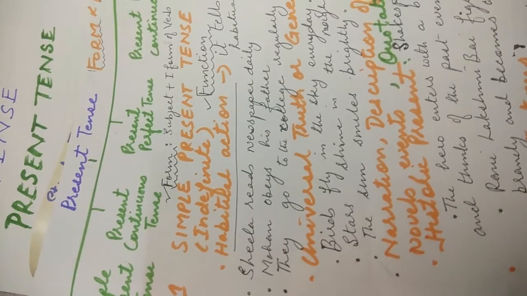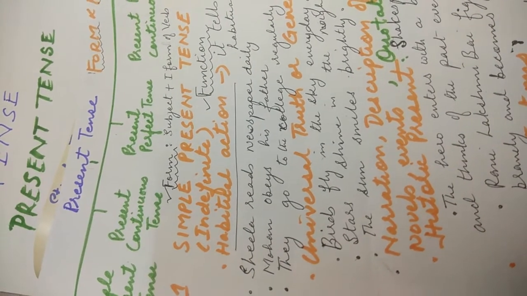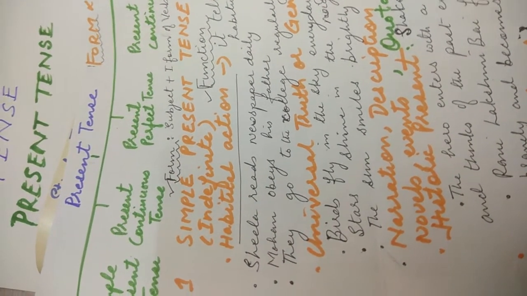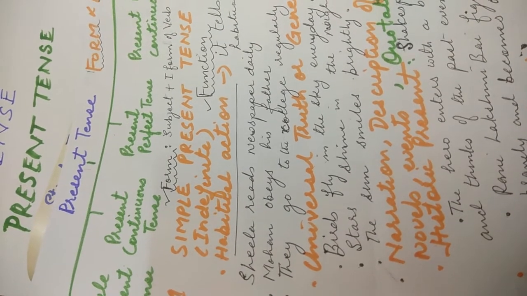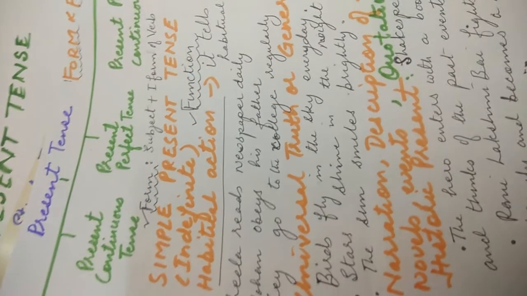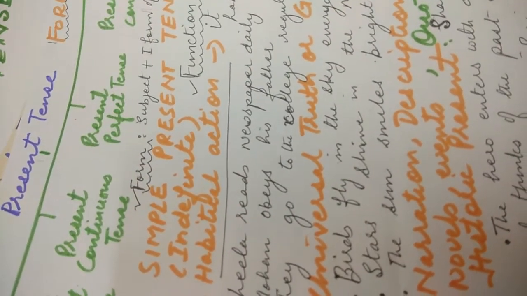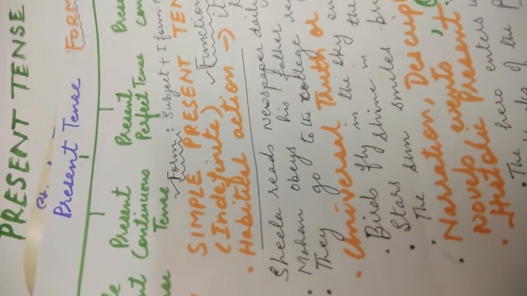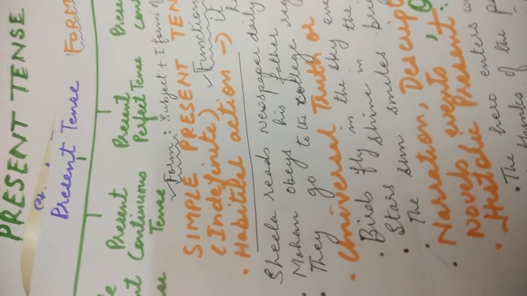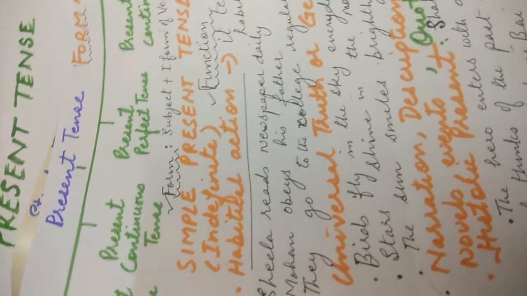So for universal truth we make use of simple present tense. Or the sun smiles brightly in the morning, birds fly in the sky, or dogs bark outside in the garden. Okay, so this is universal truth or general truth.